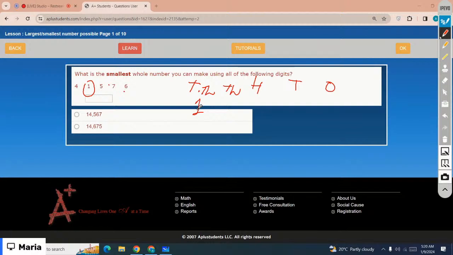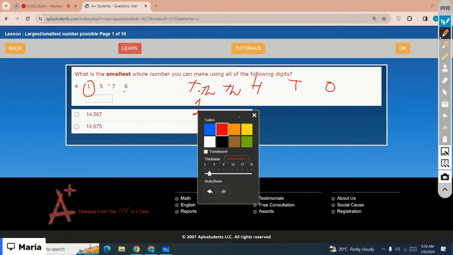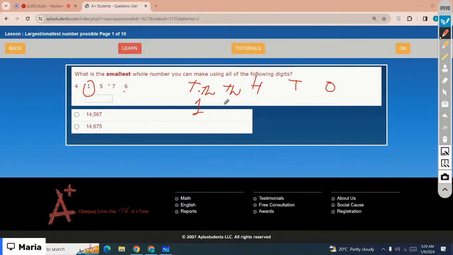You need to write 1 over here. Then after 1, the smallest number is 4. Then you have 5, then 6, and then 7. So the smallest number you can make is 14,567. The correct option is 14,567.